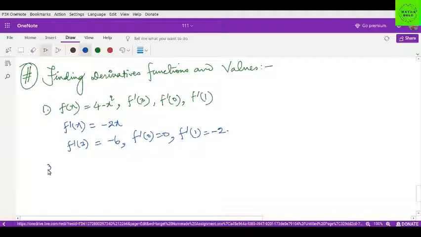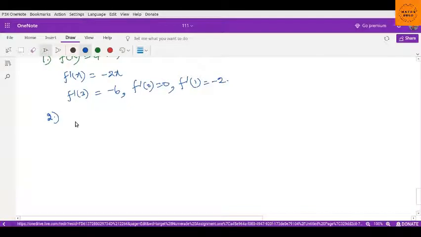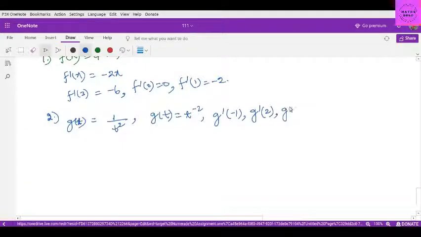The other problem is g of t is equal to 1 upon t square, or it is given as g of t equal t to the power minus 2. So we have to find g dash minus 1, g dash 2 and g dash root over 3.